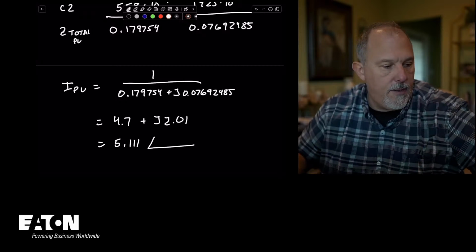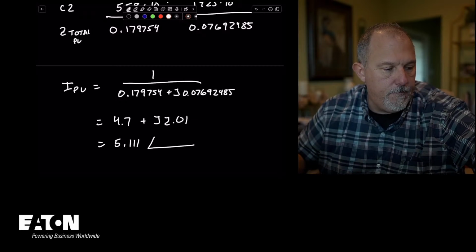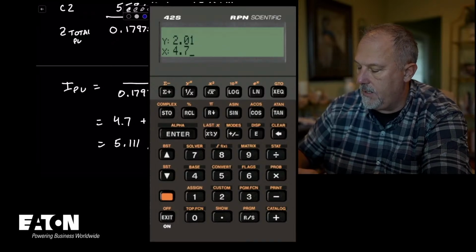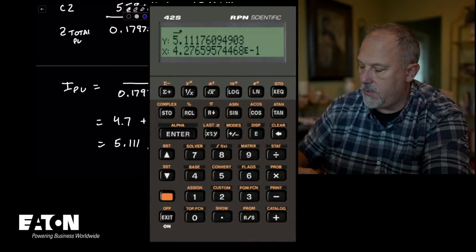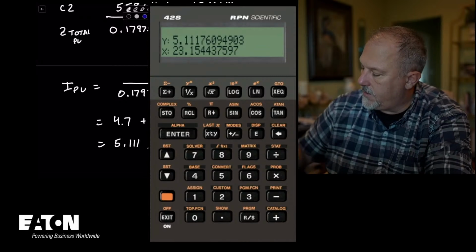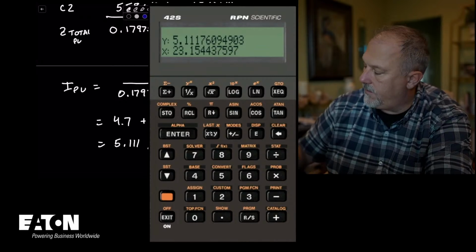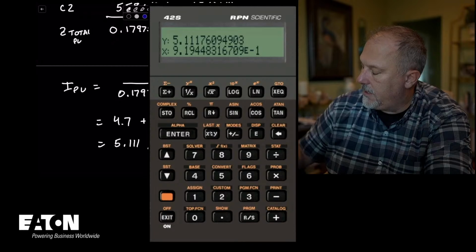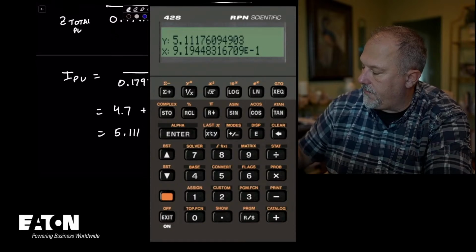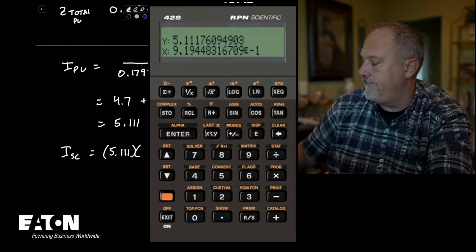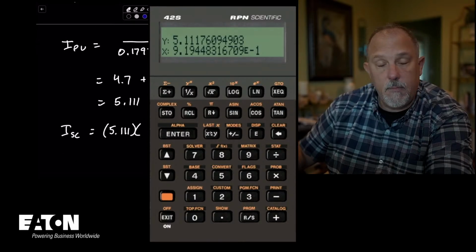And the angle is 2.01 divided by 4.7, inverse cosine. No, inverse tangent. That's 23.15. Cosine of that is 0.91. So I don't need that angle. 5.111. So I short circuit is equal to 5.111 times I base.